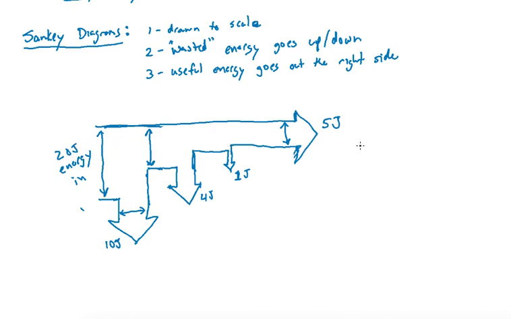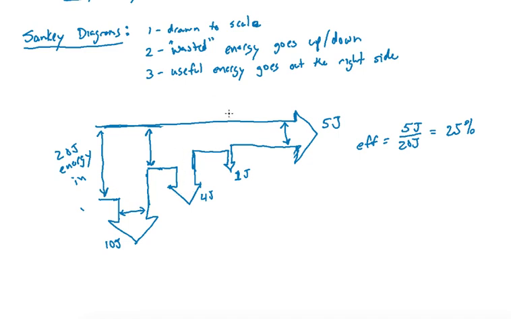And so then you could do efficiency from this and get that our efficiency would be 5 joules over the 20 joules that we had initially, and that would be 25% efficient. So something like that. When you see real ones of these things, they would be labeled with what kind of waste heat it was and what kind of energy was coming out and what kind of energy we'd be putting in. But this would be your basic idea.